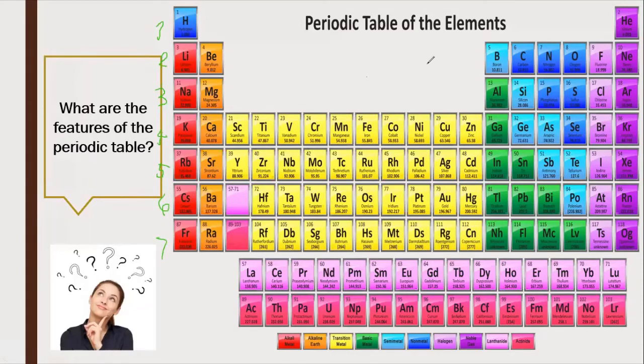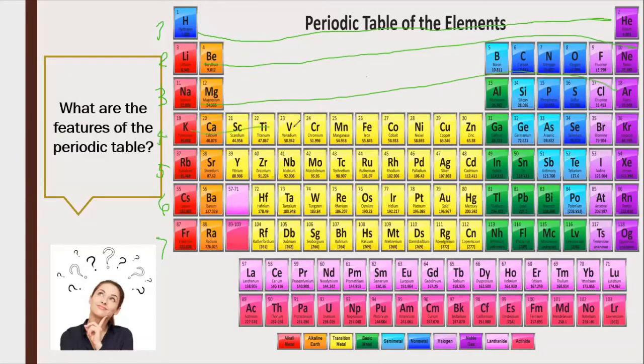Okay. So kung titingnan natin, pag period, the elements are arranged in horizontal rows. Horizontal. Ganito po ang pag-locate natin ng elements. So remember, there are seven periods in a periodic table. So they are arranged in horizontal rows.